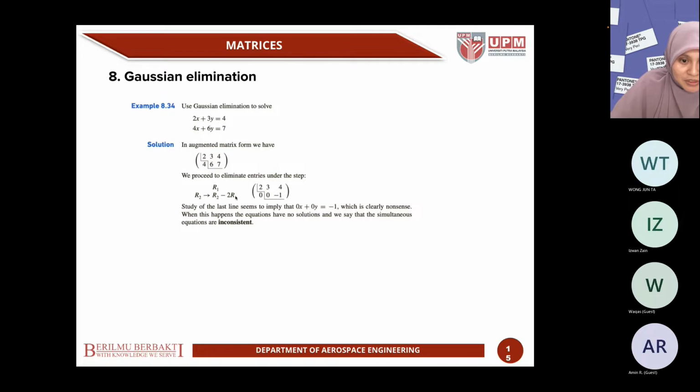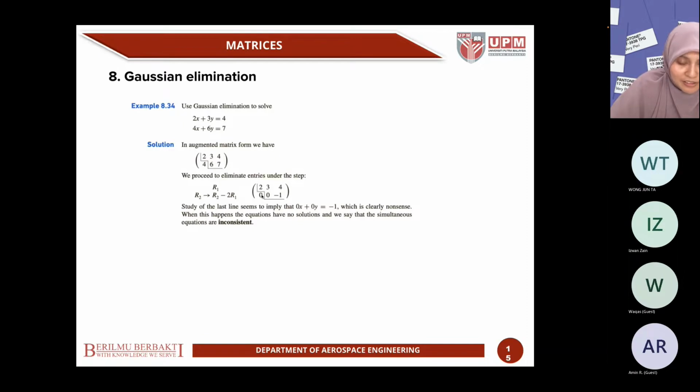How you eliminate depends on the equation: because this one is 4 and this one is 2, to make the 4 become 0 you need to use 4 minus 2 times 2, so you get 0 here.